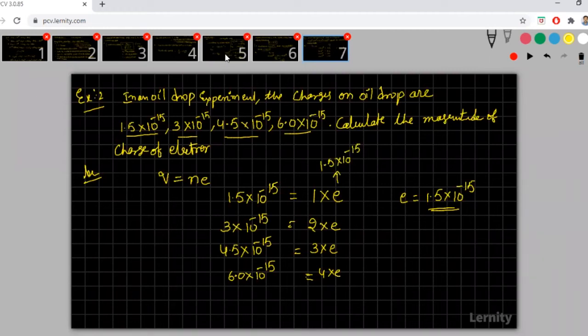The second, third and fourth are also an integer into E. Finally, in all parts, the common E value is 1.5 into 10 power minus 15. Can you understand the topic?